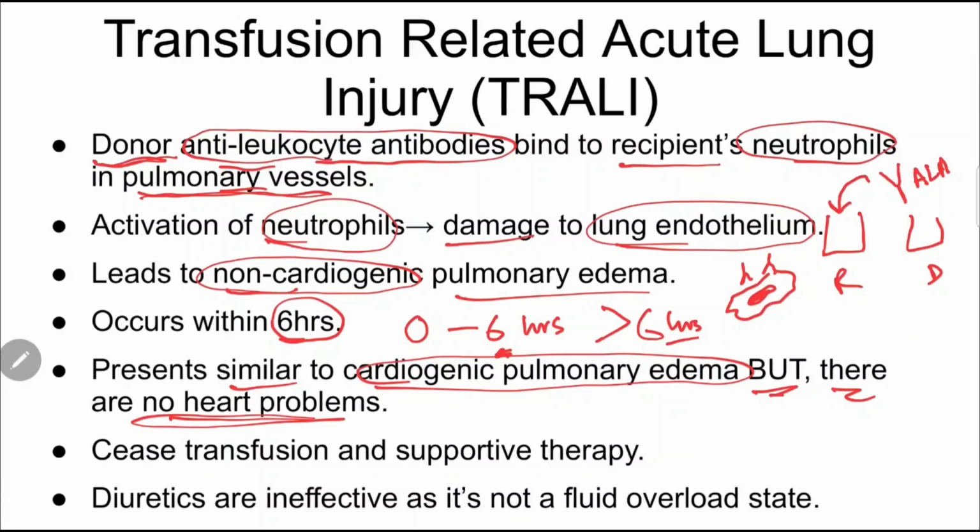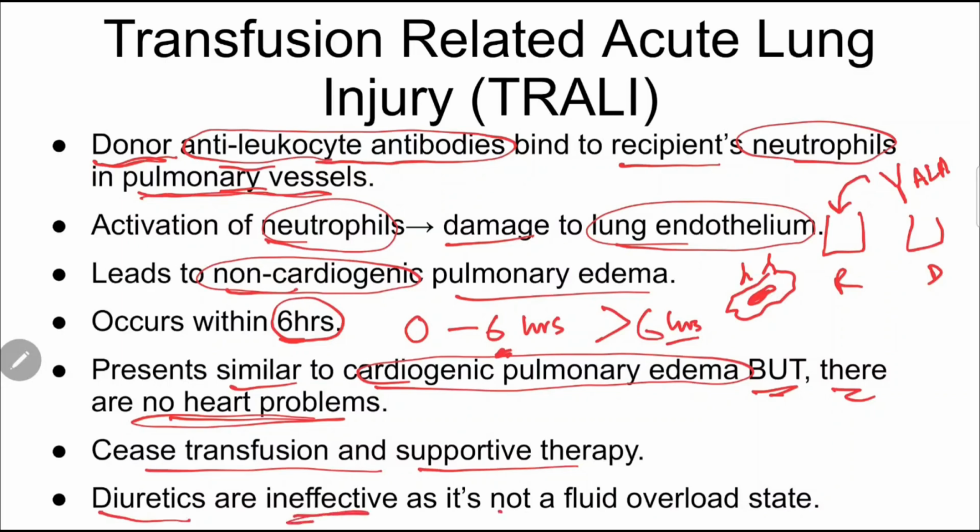And how do we treat them? Well, we cease transfusion and we start supportive therapy. So if they have very severe lung damage, we put them on ventilators and we make sure that the damage subsides. Now, diuretics, right? Diuretics are basically drugs that are used to decrease volume inside the body. So obviously the diuretics will be ineffective. Why?